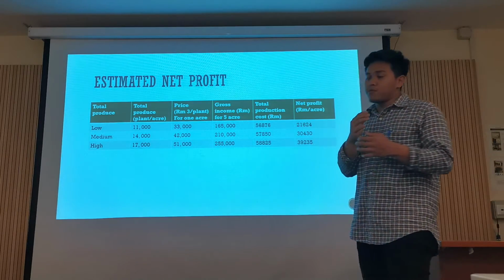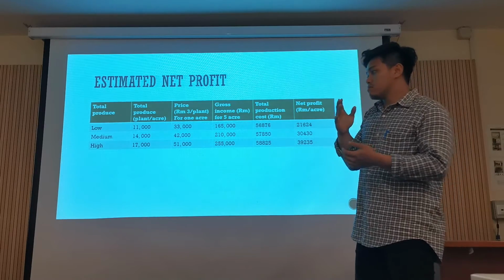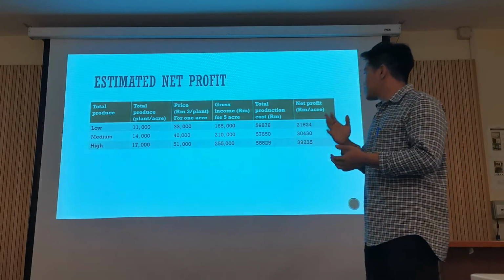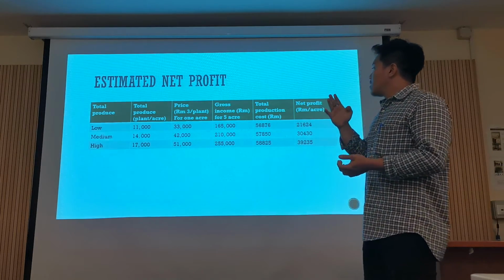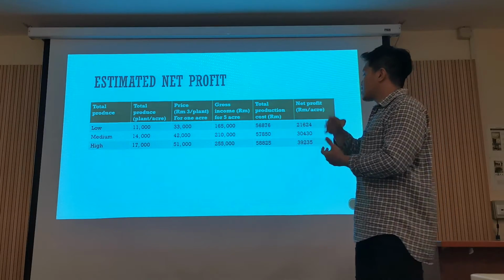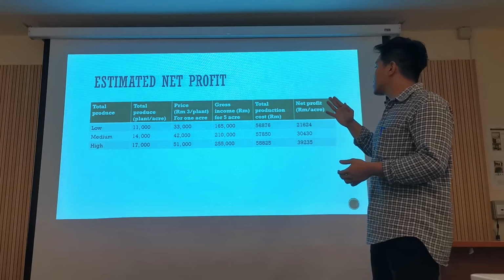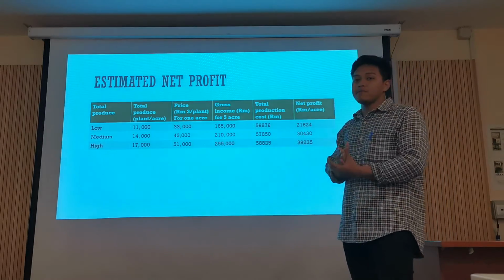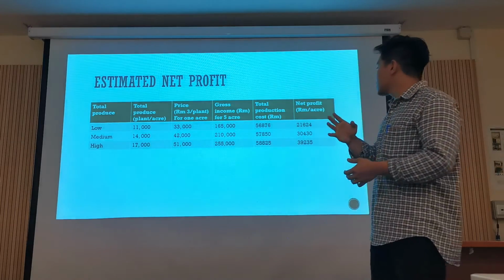We also estimate for medium yield production, which is 14,000 plants, times 3 per plant, we can get 42,000. Times 5 acres for our project, we can get 210,000.